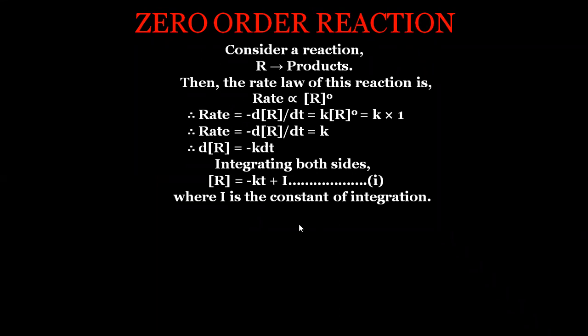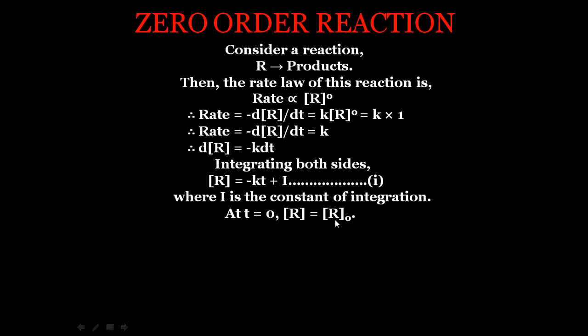Once we are done with that, then we must know what is the value of I. To know the value of I, we put some value of t and R. So we go for the initial condition. When t is equal to 0, when the reaction was not started, when the time was 0, when the reaction hasn't started yet, what is R?